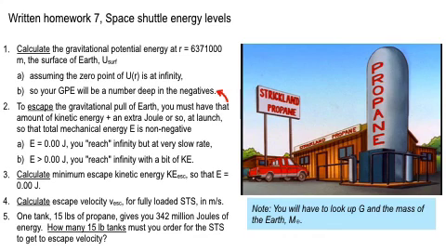So you're going to get GPE, you're going to get KE, escape velocity, and then how many tanks of propane to order. That's going to be kind of like a little check on what we're doing. And it's going to be a big number of propane tanks, because just think of the solid rocket boosters.